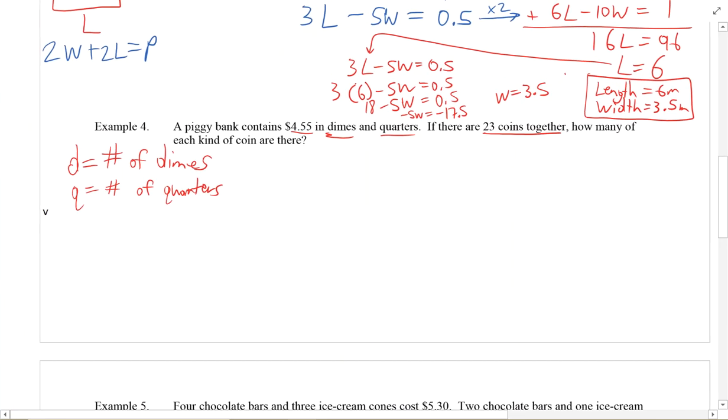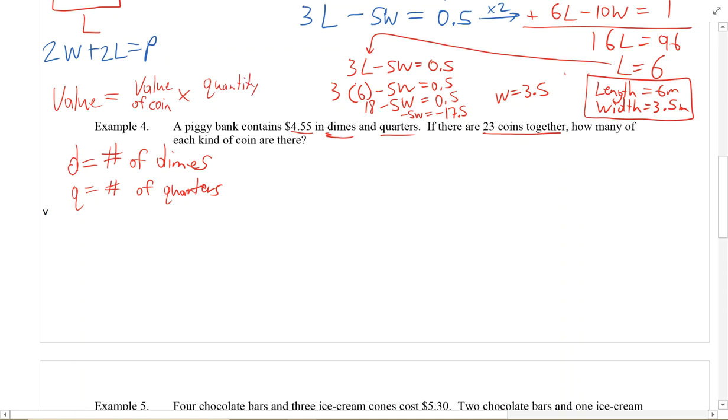Okay, so the other thing you need to know is the value. So the value equals the amount, the value equals the value of the coin times the quantity.